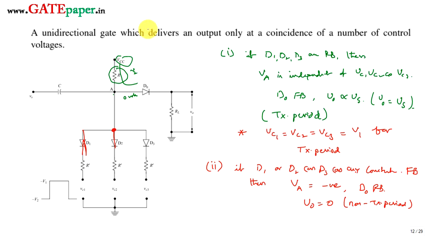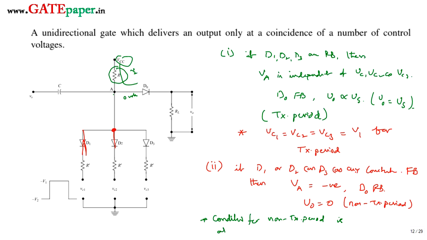The condition for the non-transmission period is that either Vc1 or Vc2 or Vc3 should be at V2.